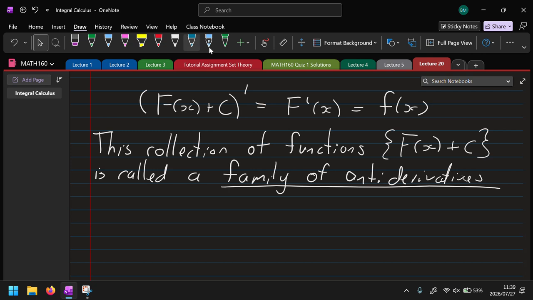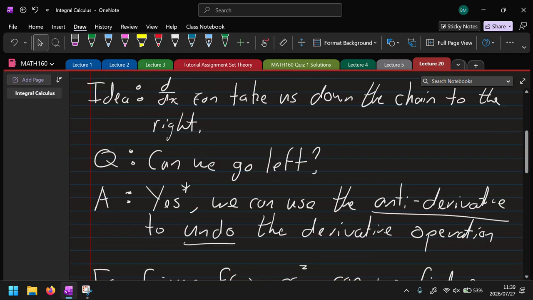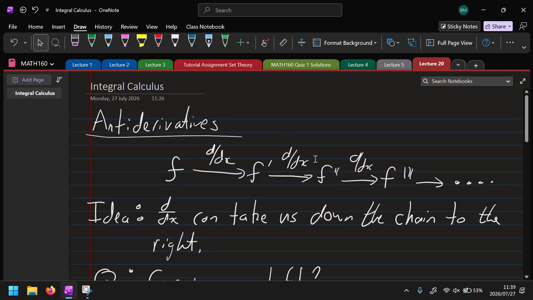Okay, so the whole idea is instead of going to the right using the derivative, I give you this function f at the start. Instead of going to the right, we now want to go to the left. So you can add here, there's capital F with d by dx.